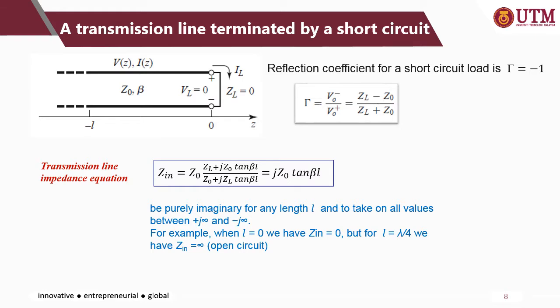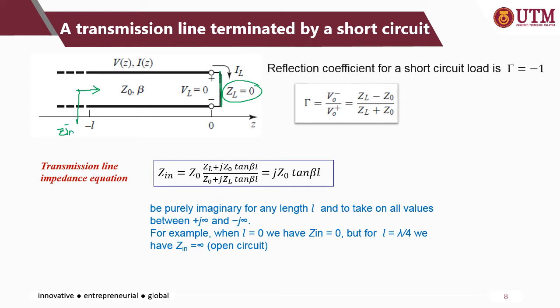Okay, considering the same transmission line as earlier, now the transmission line is terminated by a short circuit. So in this case, ZL equal to 0. The input impedance looking towards the load is known as the input impedance.